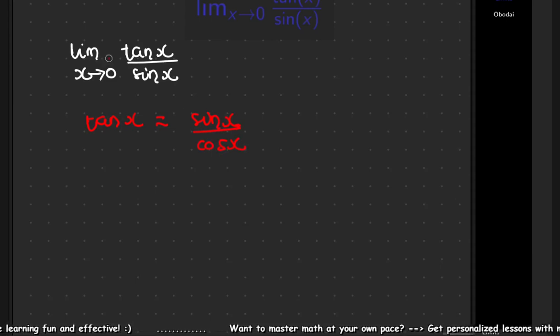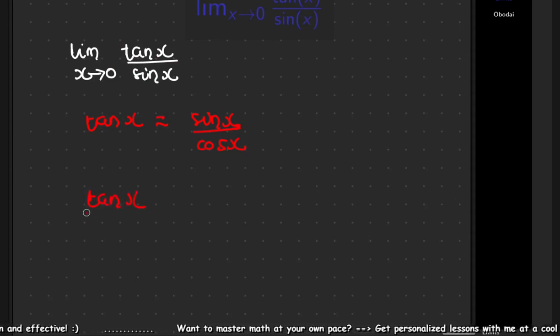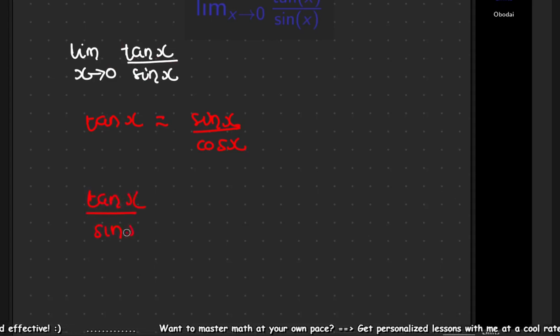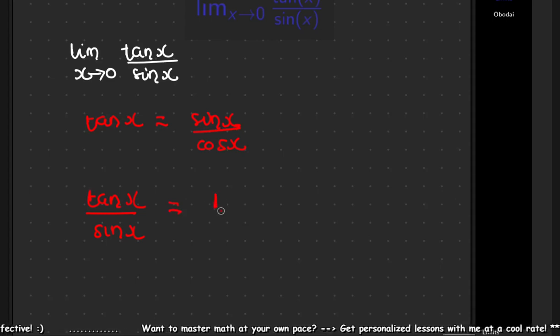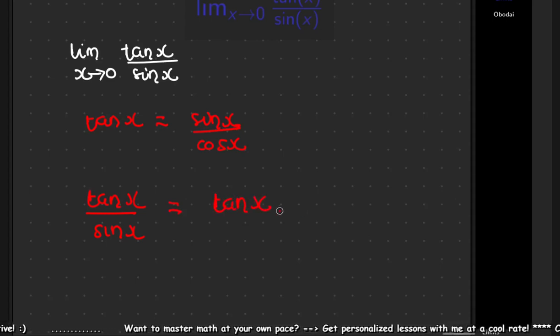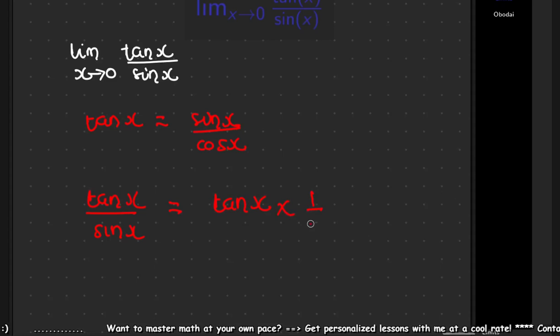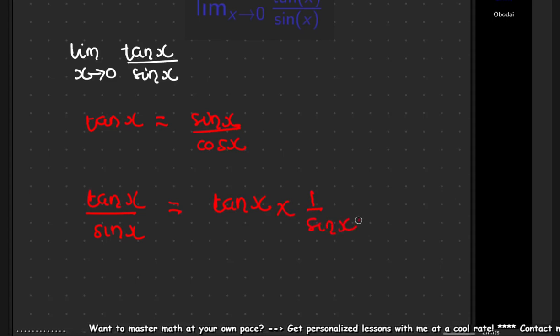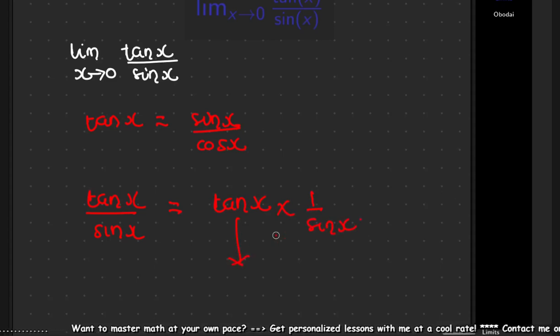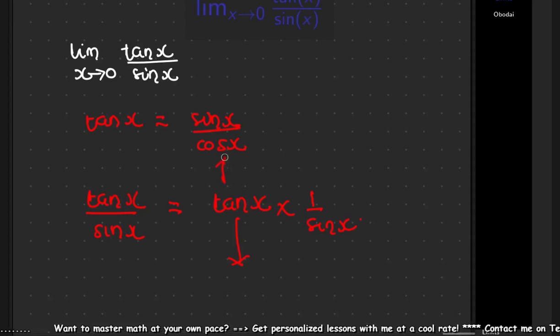So for that reason, let's rewrite this, which is tan x over sine of x, as the tangent of x multiplying 1 over the sine of x. Then we substitute with what we have over here. So let's quickly do that.